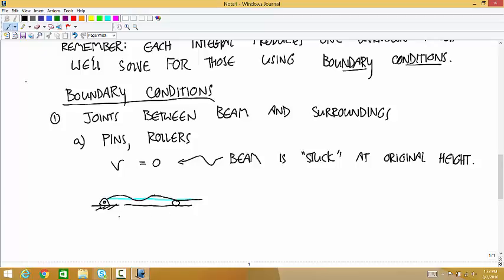But at these two locations, where these joints are, the beam has to be at its original height. Those joints prevent any other height from happening. The roller really doesn't prevent it from jumping up into the air, but in that case we wouldn't have equilibrium, and so we're going to treat it like those rollers keep that place on the beam confined to a single location. Any questions about that one?